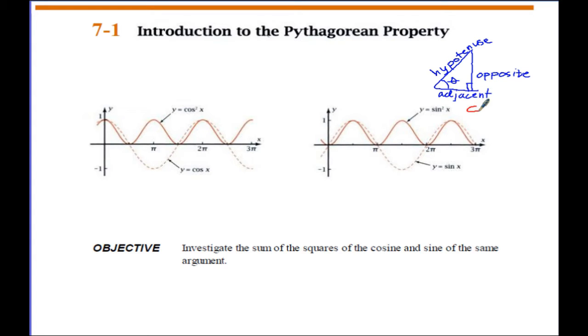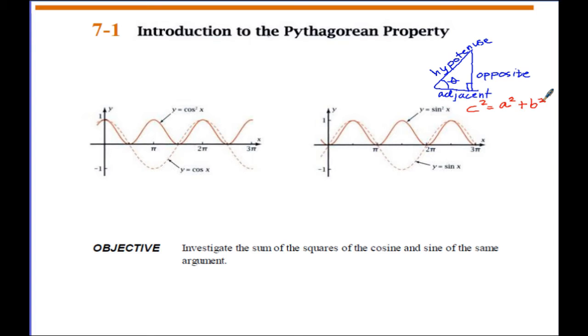Pythagoras said that the square of the hypotenuse is equal to the sum of the squares of the two sides. This became famous as the Pythagorean theorem in trigonometry as well as in geometry.